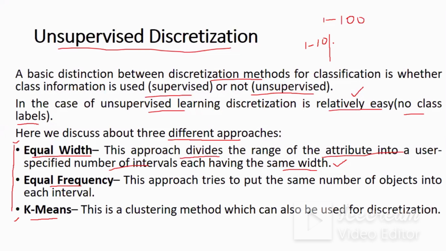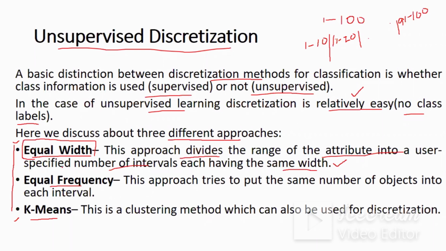The next, 11 to 20, I'm going to put as one category, and so on, and finally I'll get 91 to 100 as one category. So whatever numbers are there, the width of the category is going to be fixed. That is the meaning of having equal width. So this is one technique where equal width is used for the category.